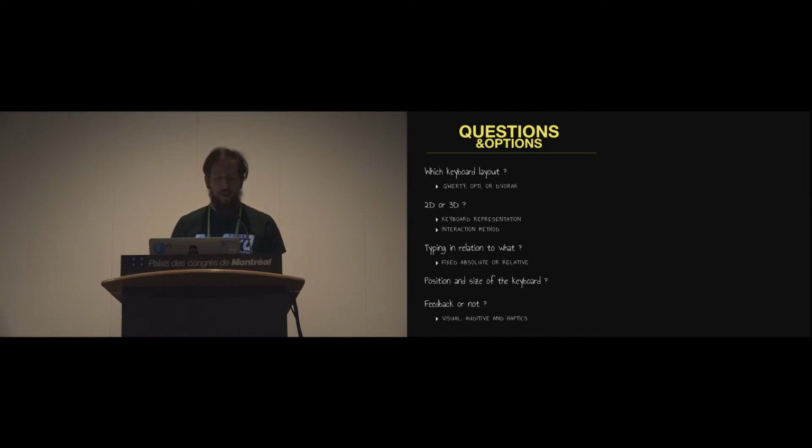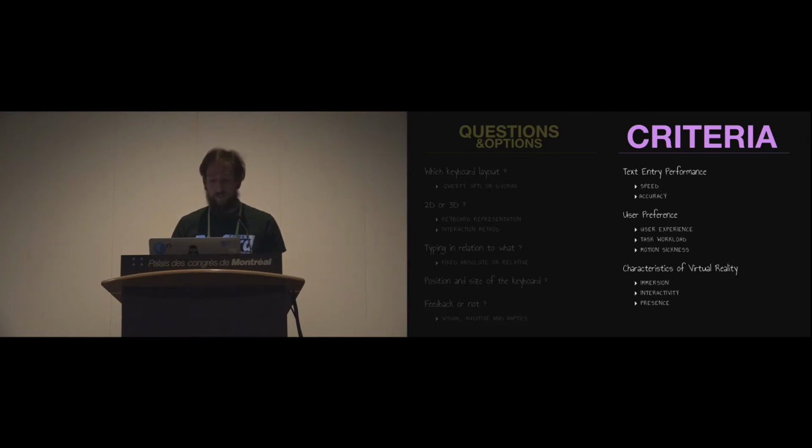So that means our keyboard was fixed absolute in the scene. But it could also be stuck to the view or to anything else, but we thought, and also in our prior studies, this is the best way to look at it. And also, position and size of the keyboard were studied in pilot studies, so we will not look at them in our main study.